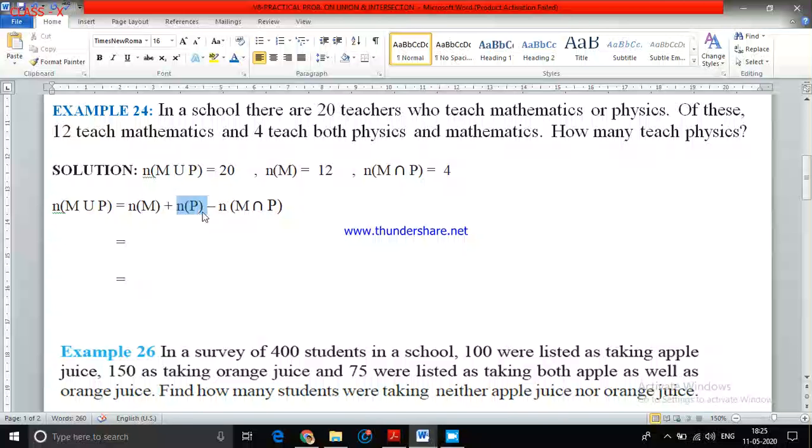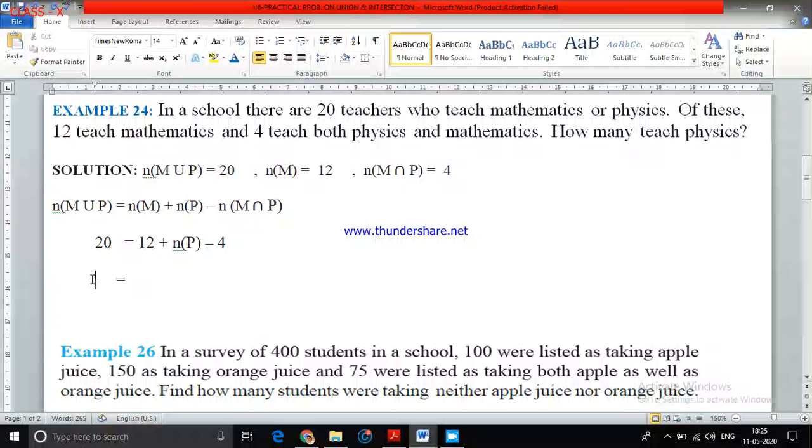The formula remains the same. Now n of M union P is given as 20. Then n of M, who are teaching mathematics, is 12, plus n of P that we have to find, minus n of M intersection P, which is 4.